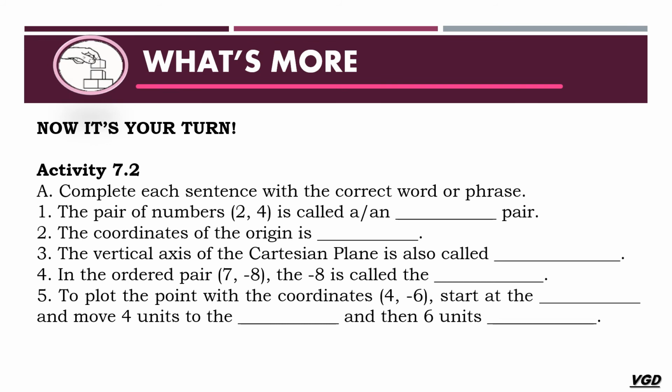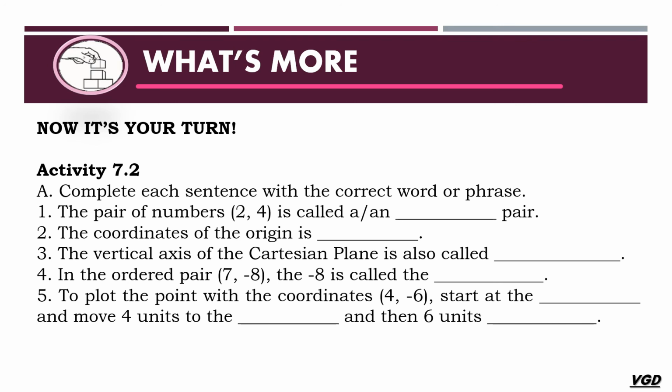The vertical axis of the Cartesian plane is also called blank. Number 4. In the ordered pair 7 and -8, the -8 is called the blank. Number 5. To plot the point with the coordinates 4 and -6, start at the blank and move 4 units to the blank and then 6 units blank.